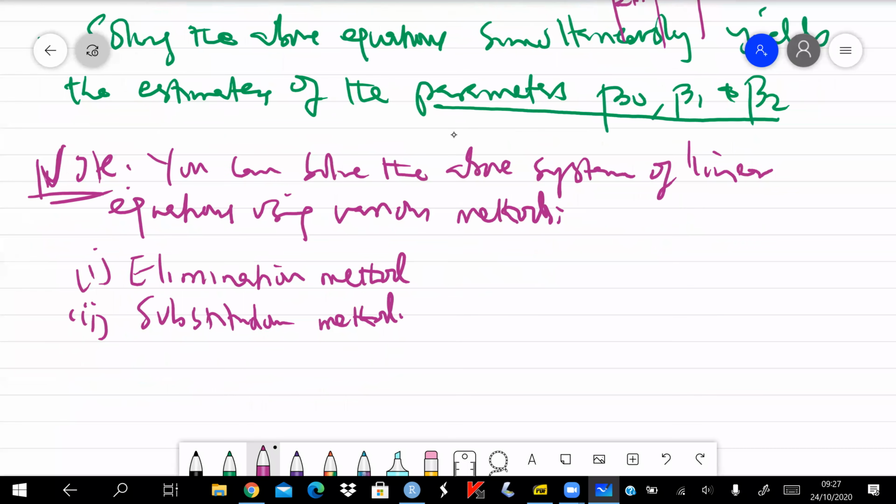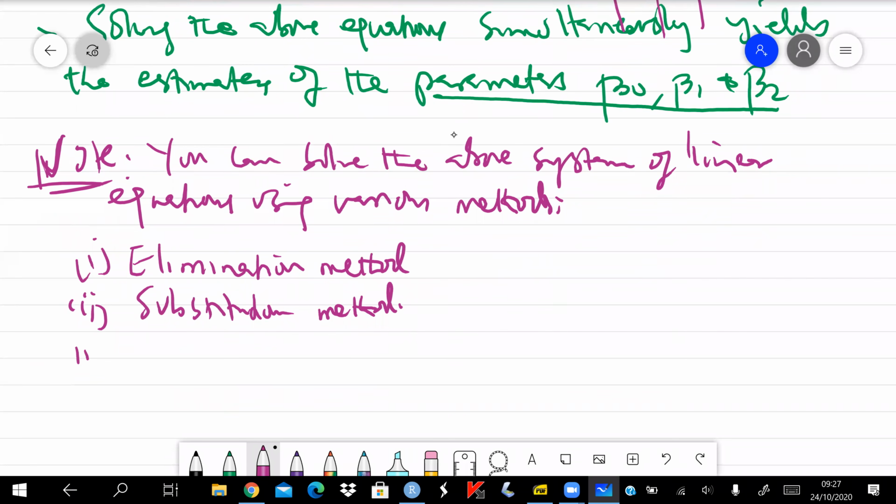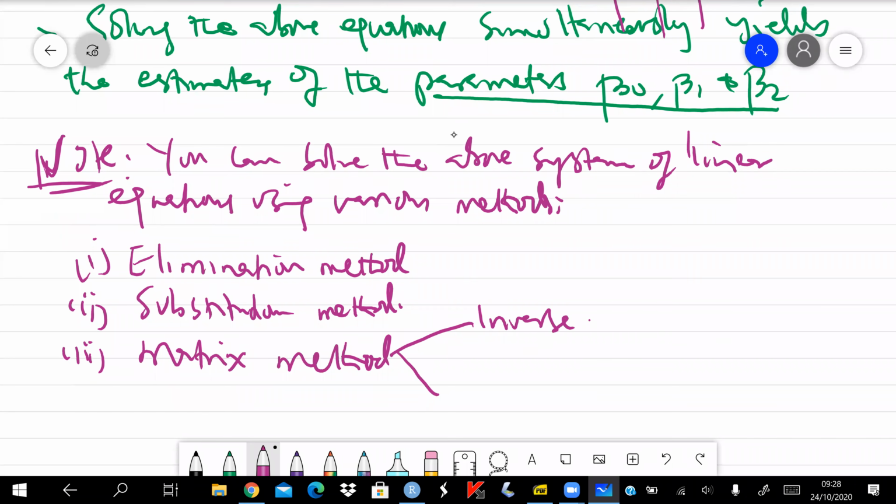It may not be easy for you to use a graphical method. You can use the matrix method, where you have the matrix inverse method, or you can use Cramer's rule to solve the system of linear equations. We'll not go into the details because those are things we've covered in other classes.